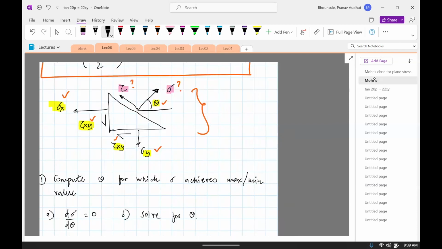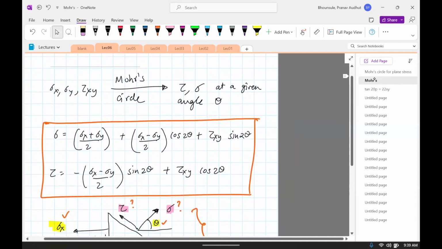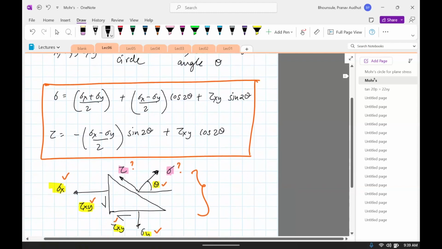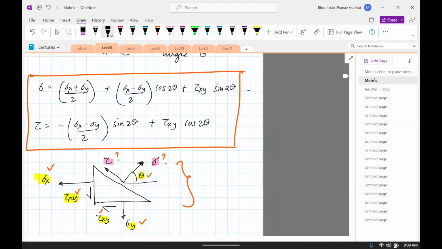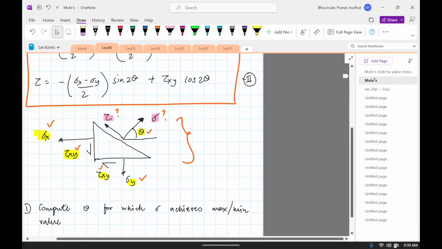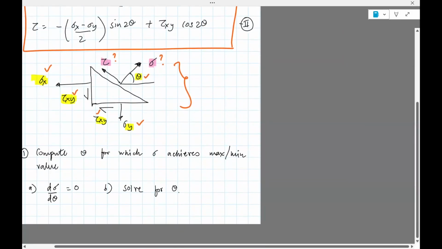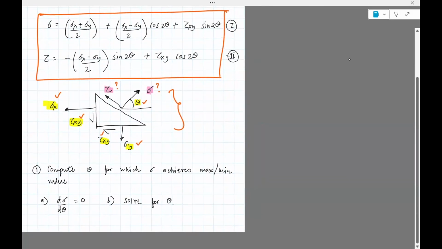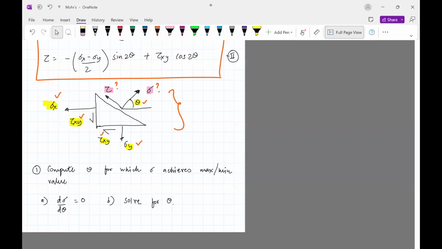Okay, let me actually call these, let's call this equation 1, equation 2, and so when I do this, I'm actually using equation 1.